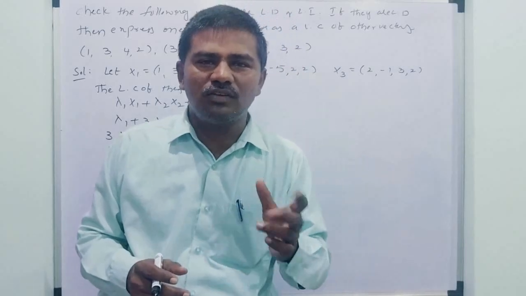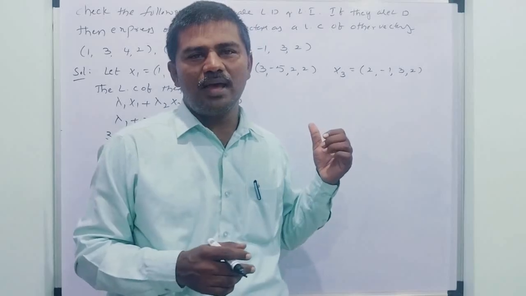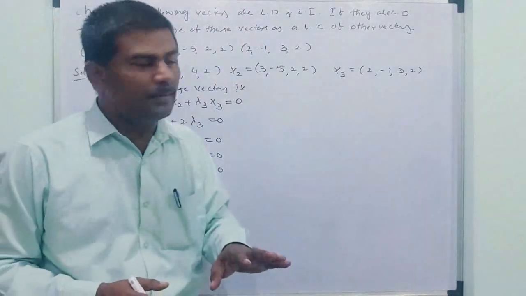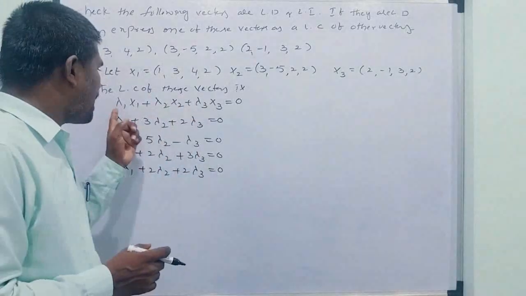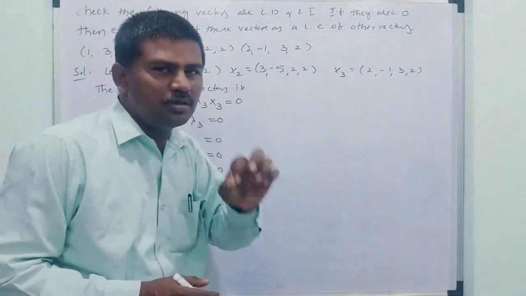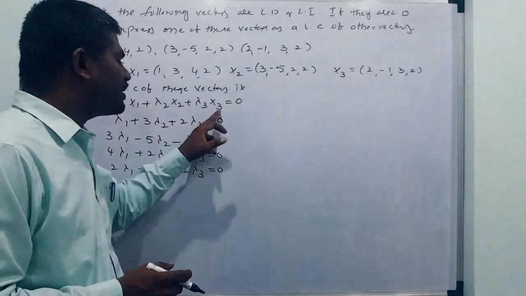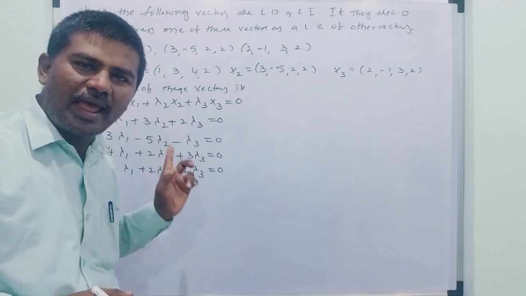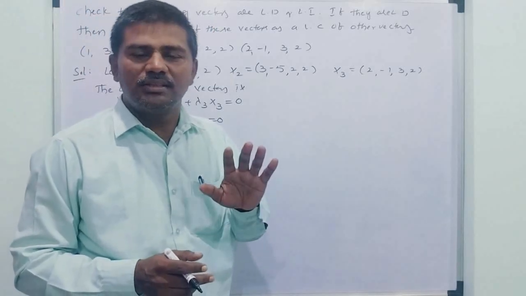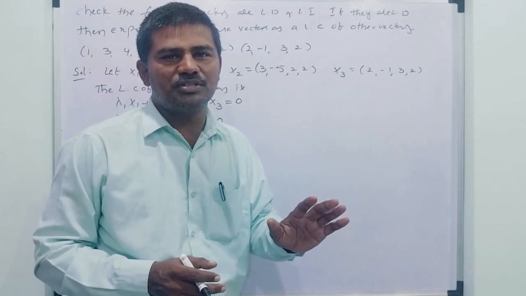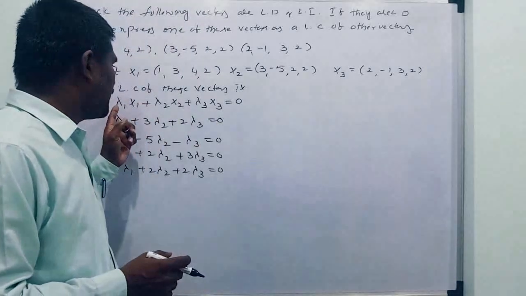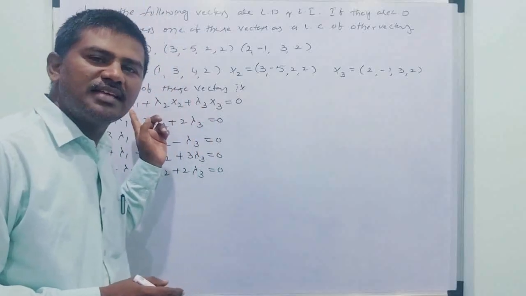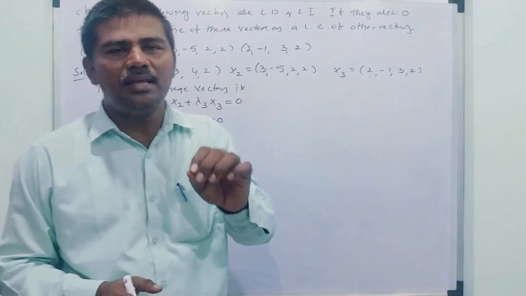If rank is equal to number of unknowns, the system has the zero solution, which means lambda 1, lambda 2, lambda 3 are 0. You can say that x1, x2, x3 are linearly independent. And if rank is less than number of unknowns, then the system has infinitely many solutions. That means at least one of these scalars will be non-zero, and the vectors x1, x2, x3 are linearly dependent.